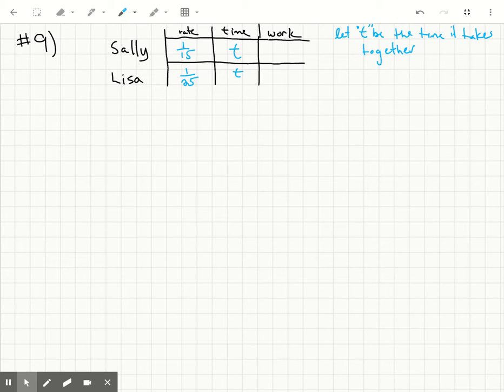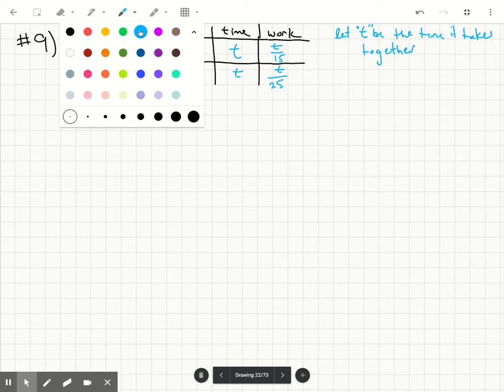We know work is equal to rate times time, so T over 15 and T over 25. If we add those together, they're going to equal 1, so I'm going to set up an equation here.